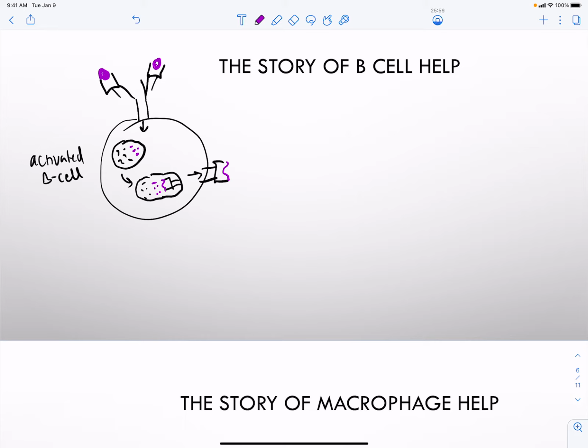So then you have your T cell come along, and it's going to see this antigen on the surface, and it's going to become activated. So this is signal 1. It's then going to have CD28, and your B cell will have CD80, B7, whatever you want to call it.